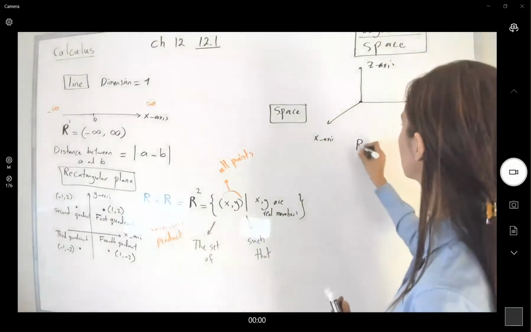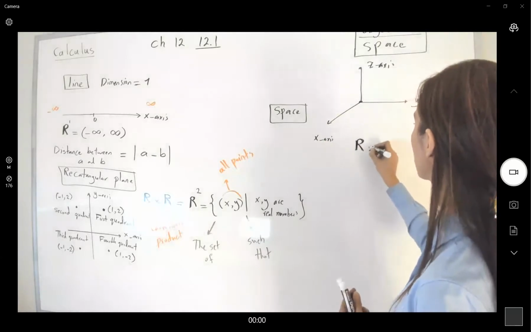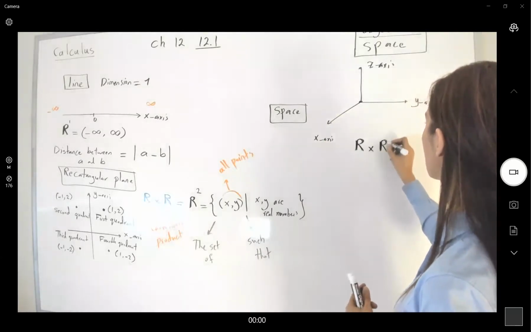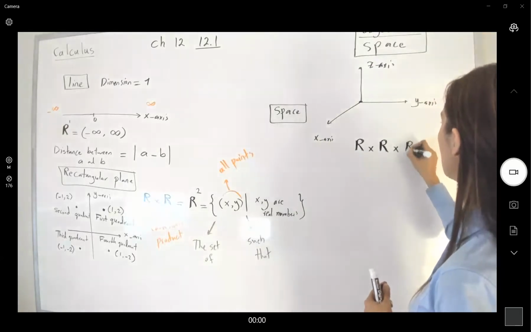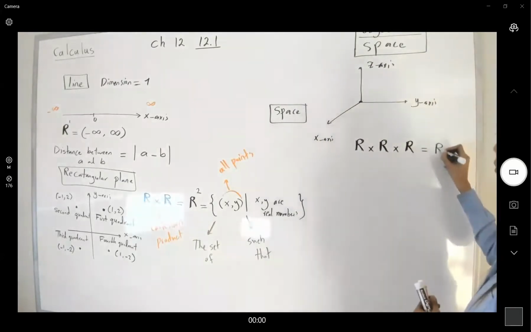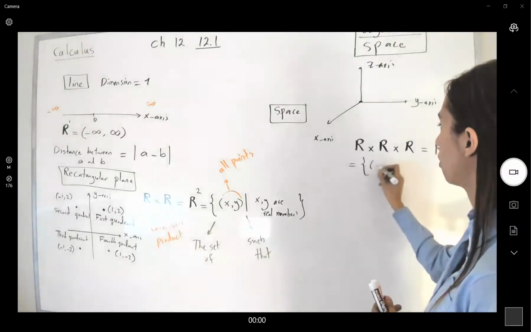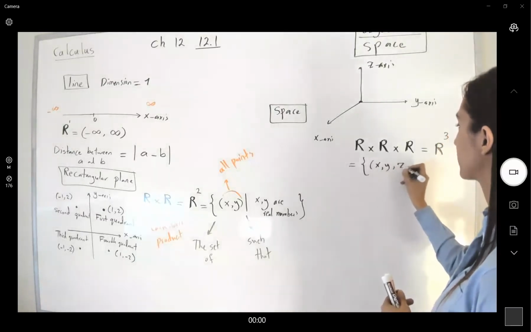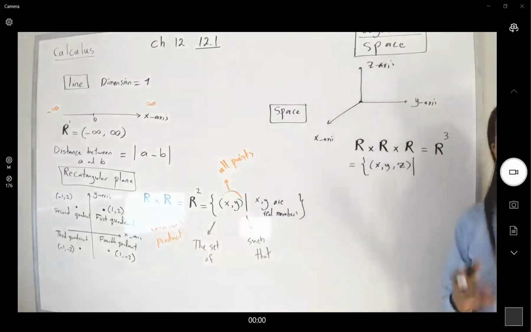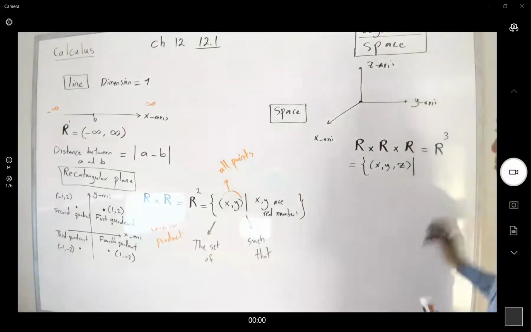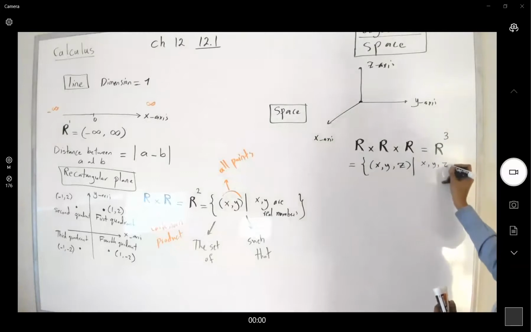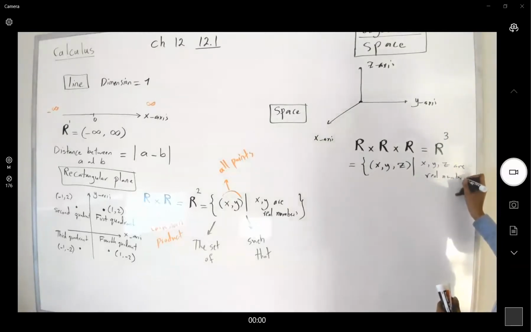So our R Cartesian product with R, Cartesian product with R, which is denoted by R to the third, is the collection of all triples, x, y, z, such that x, y, and z are real numbers.